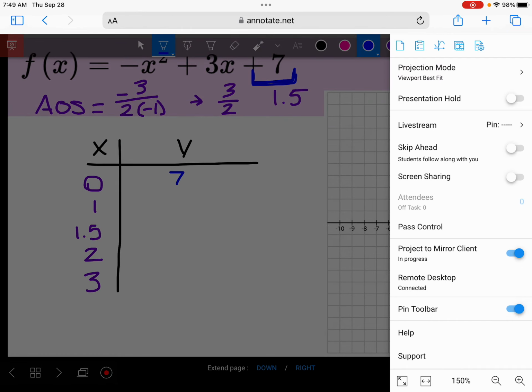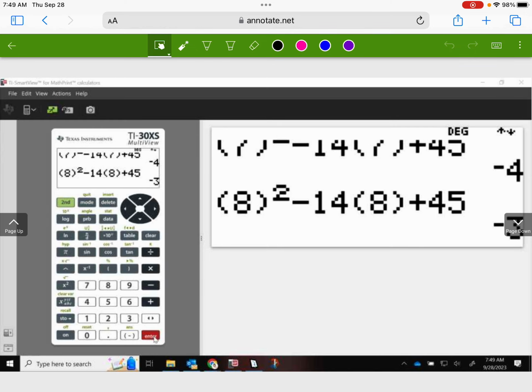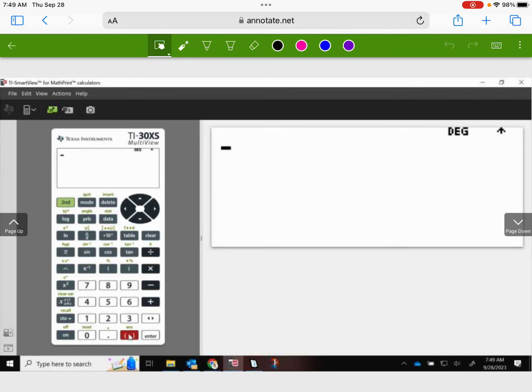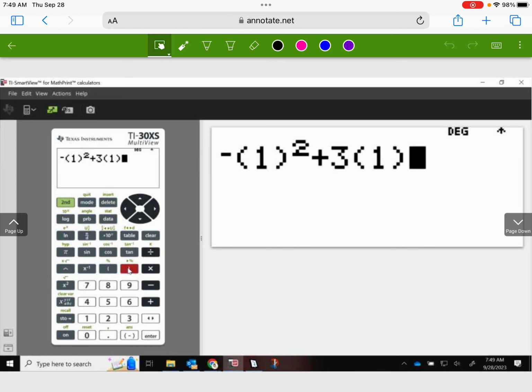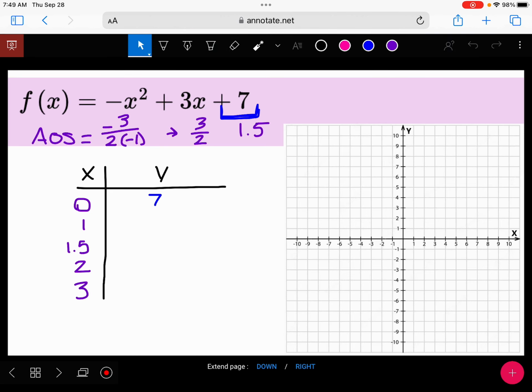So let's do 1. The opposite of 1 squared plus 3 times 1 plus 7, and we get 9.